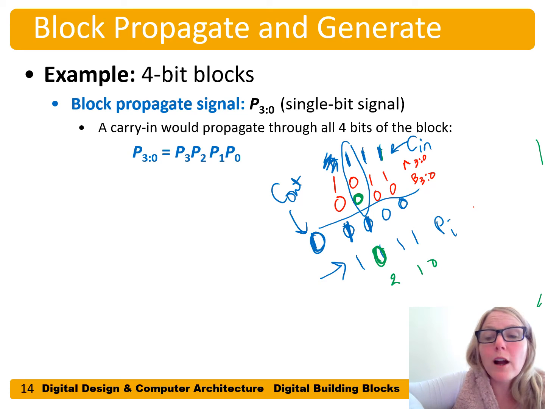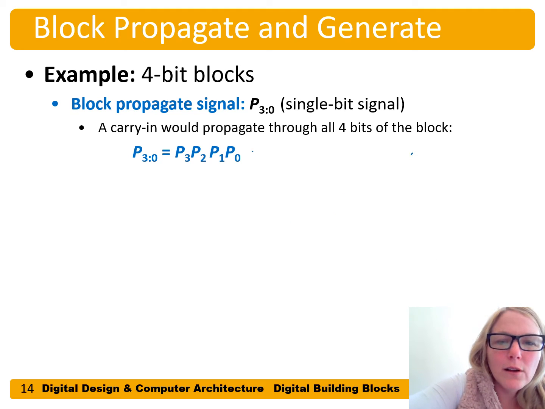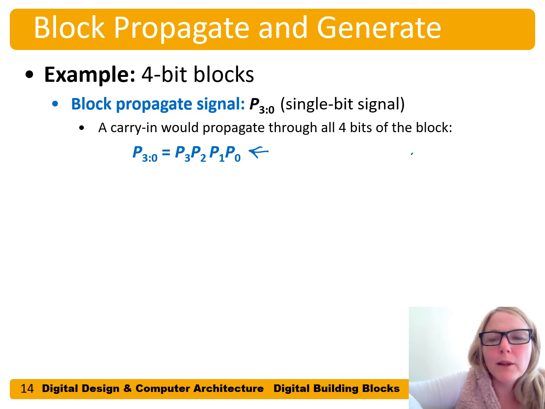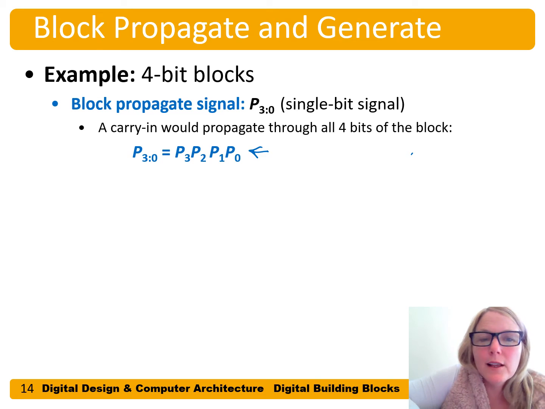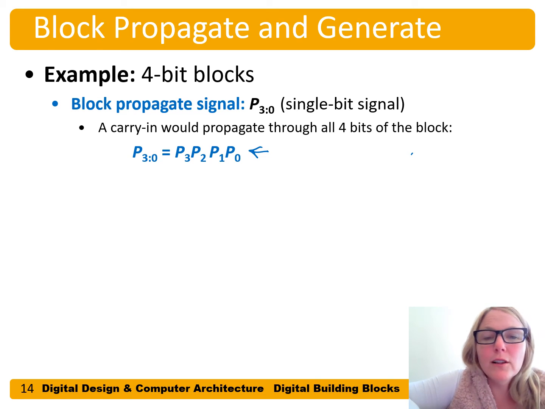So in order to propagate a carry through a 4-bit block, we have to have the individual column propagate signals be 1 for each of the columns. Propagate 0, and propagate 1, and propagate 2, and propagate 3.